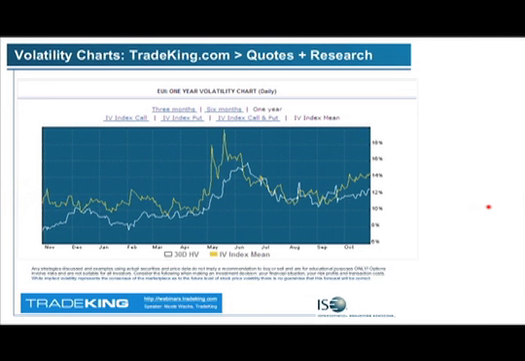You need to balance the increased premium you might receive for higher volatility.